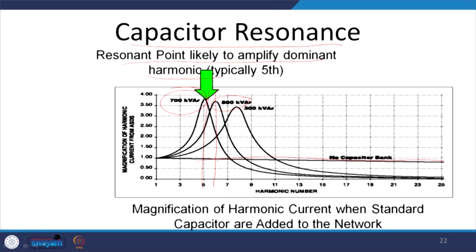Generally, if it is a 3-phase 3-wire system, the 3rd harmonic is not present, so you are safe. And then if you increase further, it can be the 8th harmonic. So, if you increase the kVAr compensation, there is a chance that it leads to harmonic resonance, and that will have a lot of detrimental effect on the power system.